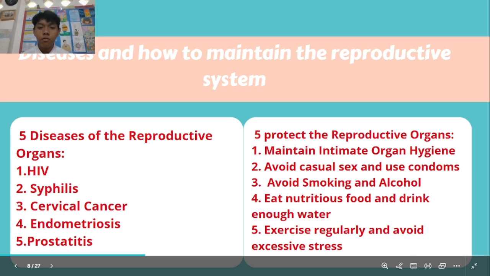How to protect it? I have 5 tips to protect reproductive health. First is maintain intimate organ hygiene, avoid casual sex, and avoid smoking and alcohol, eat nutritious food, and drink enough water. Don't forget to exercise regularly and avoid excessive stress.